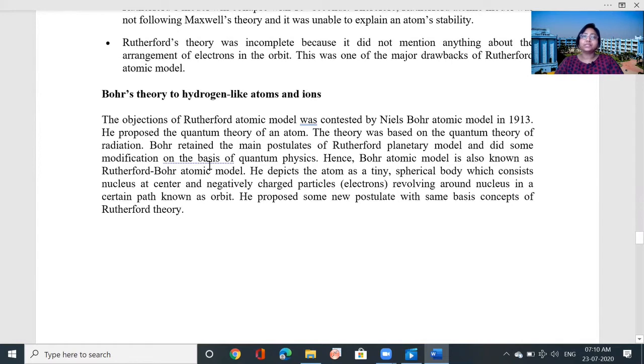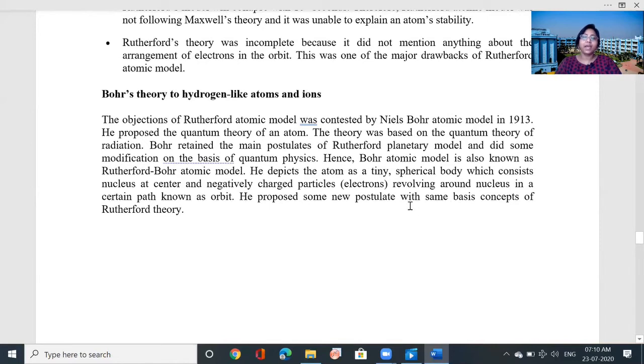He proposed the quantum theory of an atom. The theory was based on the quantum theory of radiation. Bohr retained the main postulates of the Rutherford planetary model and made some modifications on the basis of quantum physics.